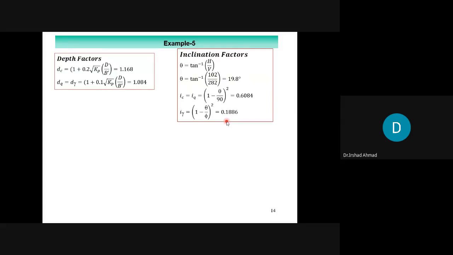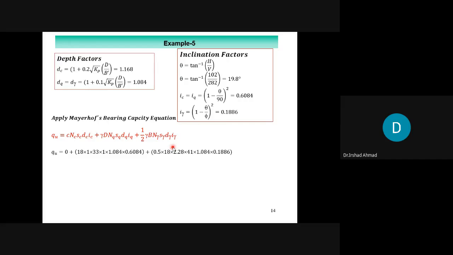Now put all these values in the Meyerhof bearing capacity equation. You will get ultimate bearing capacity. Remember that, see these factors, how much they are going to reduce the bearing capacity.